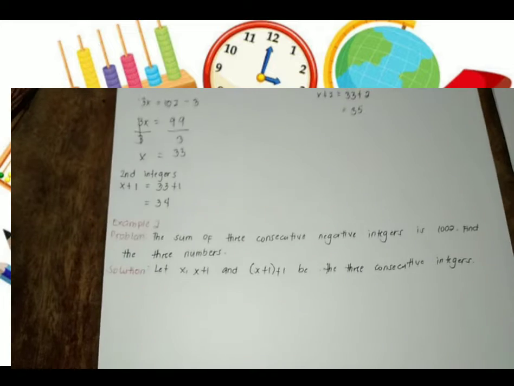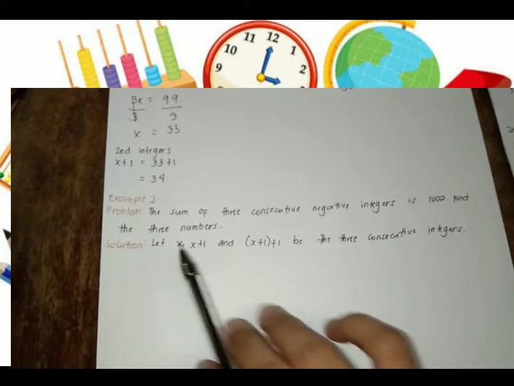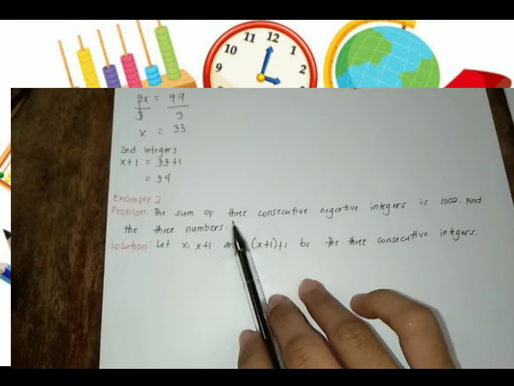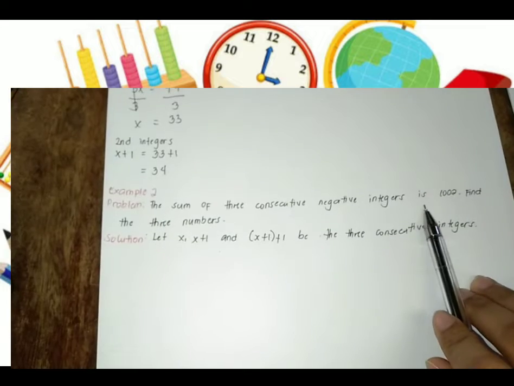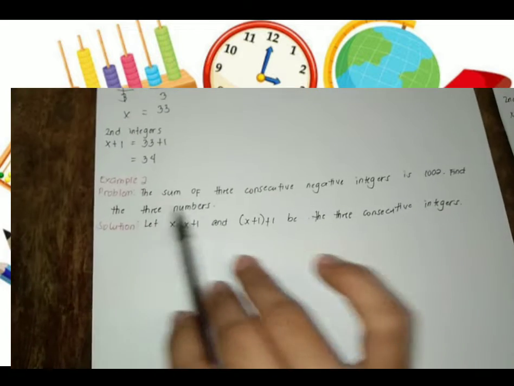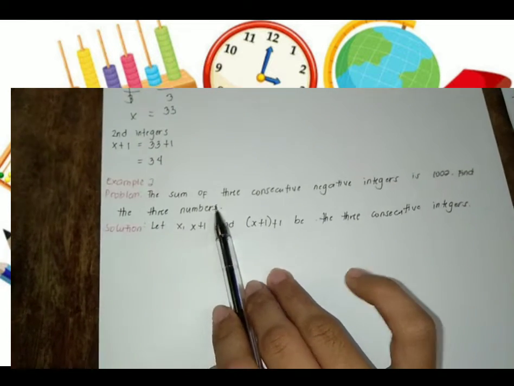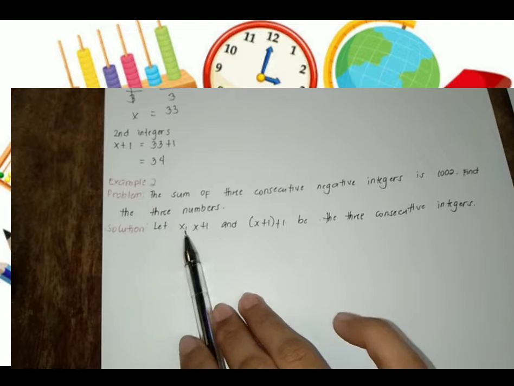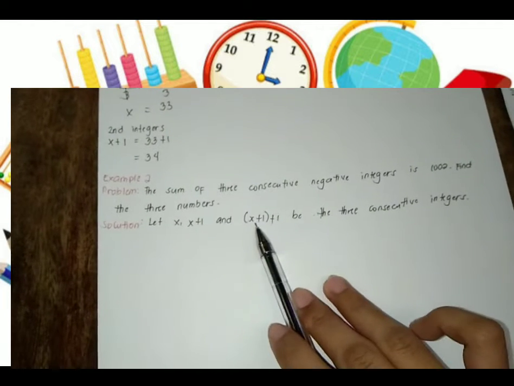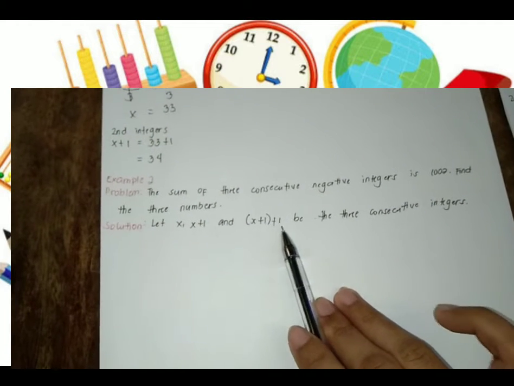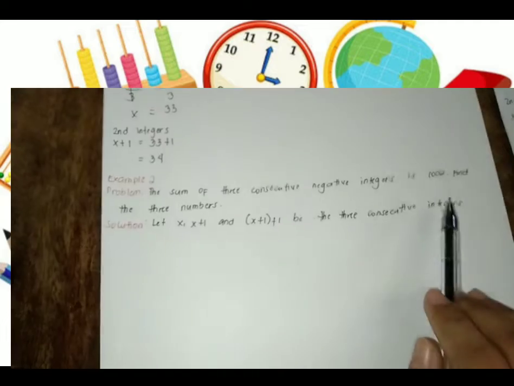Now we are going to move to our example number 2. Okay, so the problem is the sum of 3 consecutive negative integers is negative 1,002. Find the 3 numbers. Okay, so the solution is let x, x plus 1, and quantity x plus 1 plus 1 be the 3 consecutive integers.